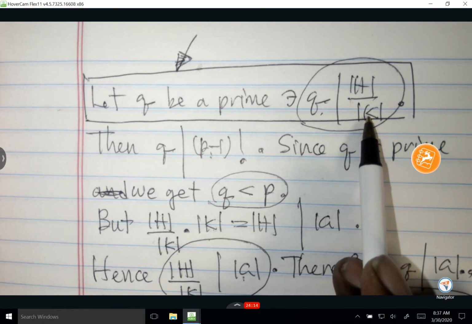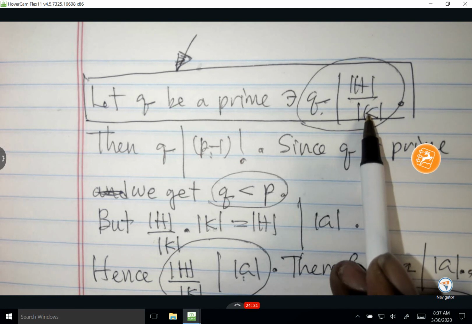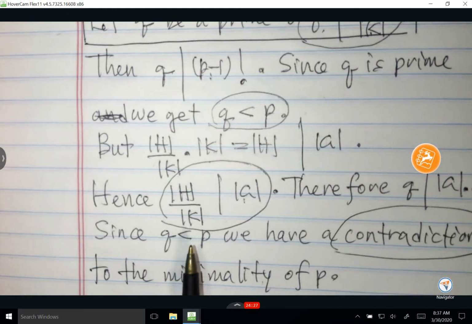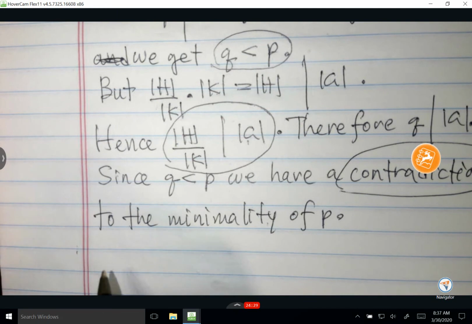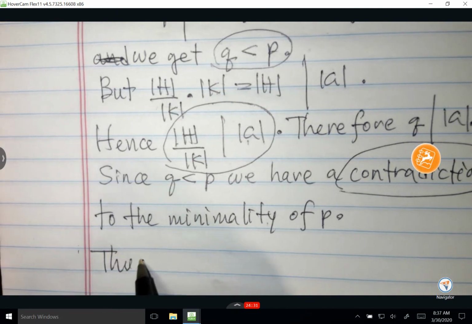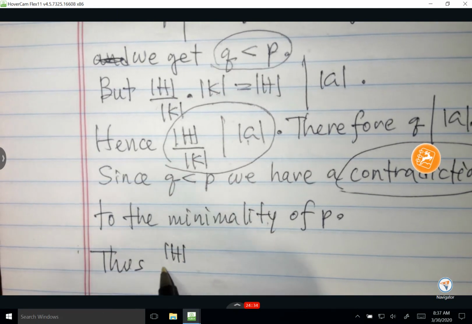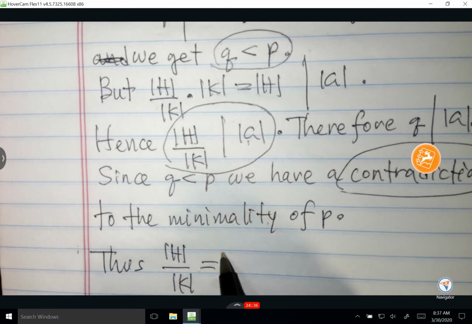It's kind of hard for a positive integer not to have a prime divisor, but there is one way for it to happen, and only one way, which is if this number is 1. So we can say thus, the order of H over the order of K is 1.